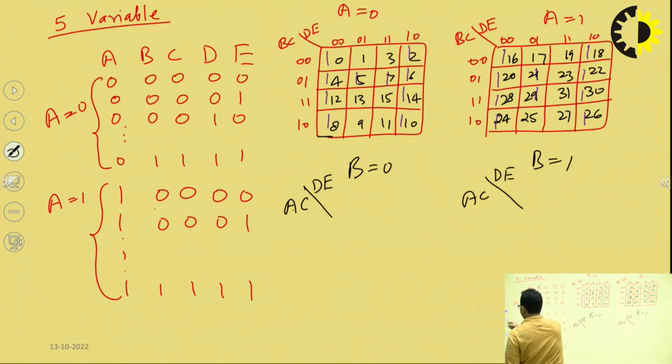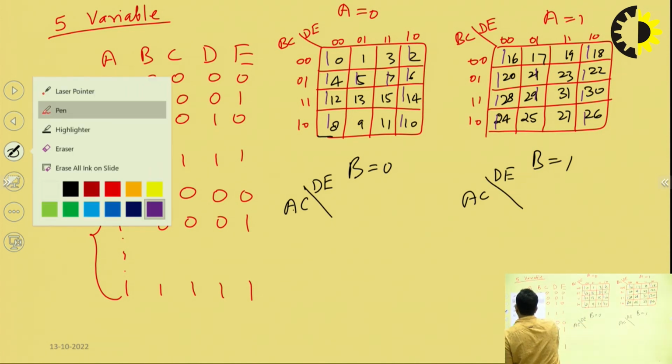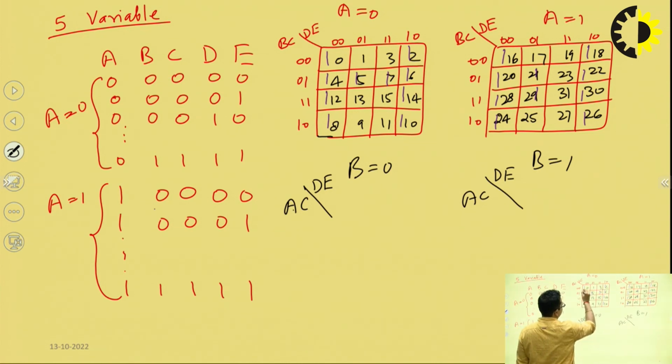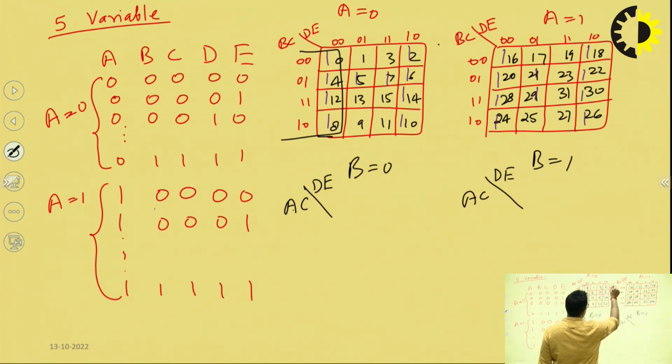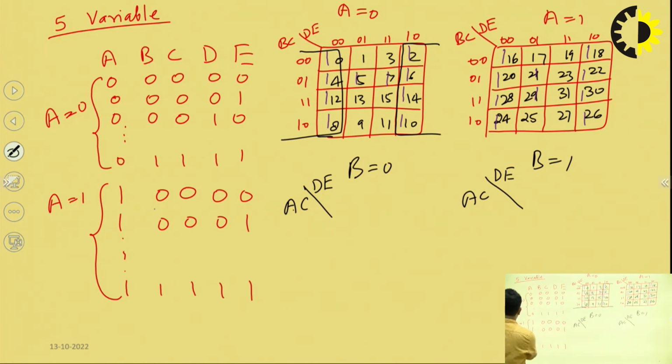I have to be very careful while forming a group. The grouping that we can take here is an octet, and the next group that can be formed is a quad. The quad can be easily formed from these combinations, as well as this combination.